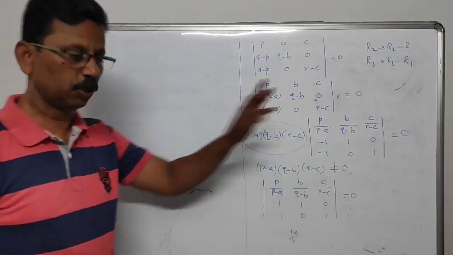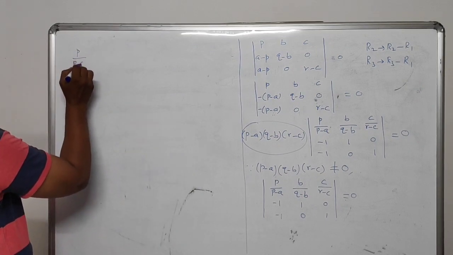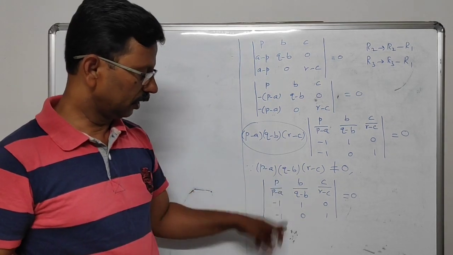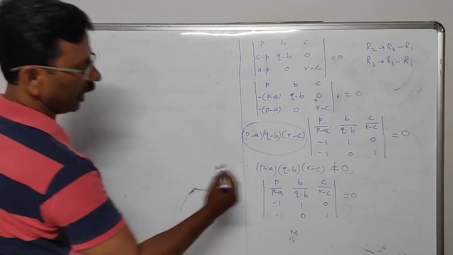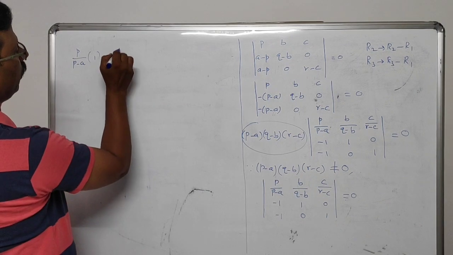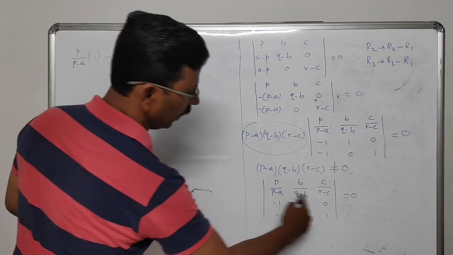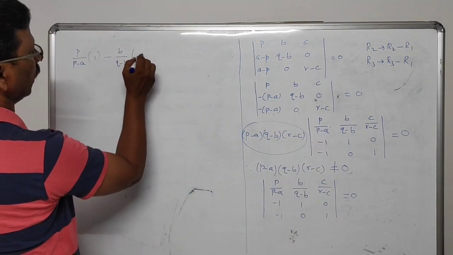Through the first row, you can write p by p minus a into, leave this row and this column, 1 minus 0 gives 1. Then expanding, this is plus, this is minus: minus b by q minus b into, leave this row and this column, minus 1 plus 0, which is minus 1.